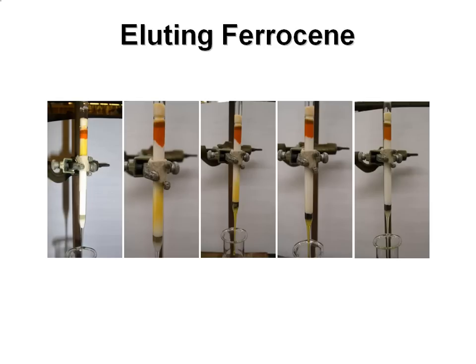But you can see the first eluting material is going to be ferrocene, because ferrocene is less polar than acetylferrocene. So the ferrocene is going to be the bright yellow band that comes out first. From left to right, you can see the ferrocene coming down the column.